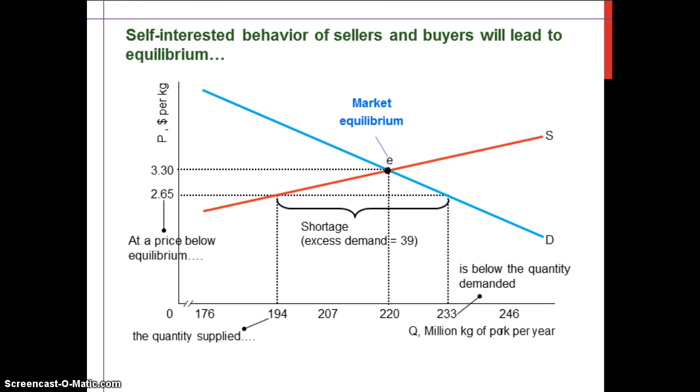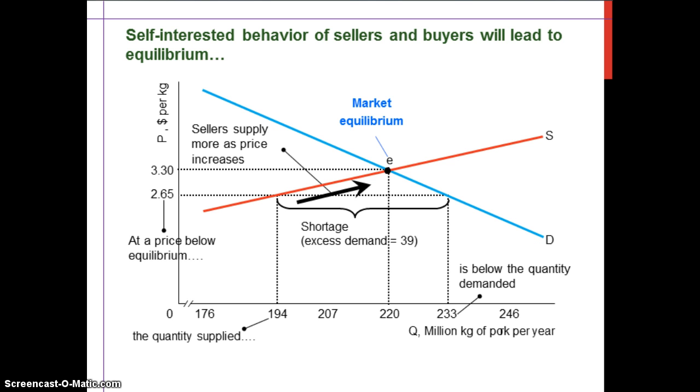This situation also can be solved by interactions of buyers and sellers, that is, the invisible hand. In this situation, while consumers demand this amount, suppliers only produce this amount. So here is a shortage of this good. To solve the shortage, suppliers try to produce more, and due to the shortage, they can increase the price to get profits.